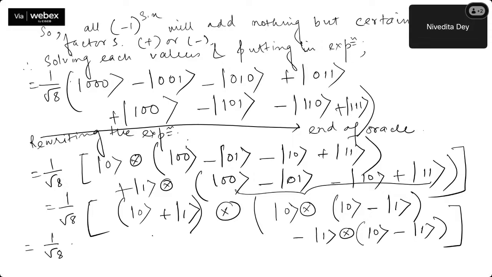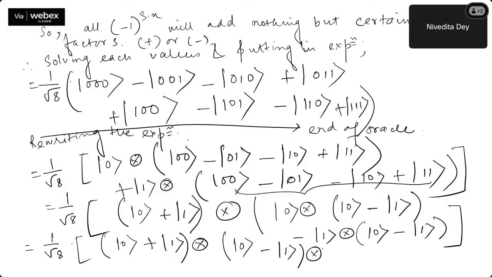So it's 1 by root 8 times ket 0 plus ket 1 product ket 0 minus ket 1, the factorization. That is what I'm doing here, nothing quantum, because once we have the end of the oracle, quantum is gone. We are doing simple algebraic simplifications, nothing else.